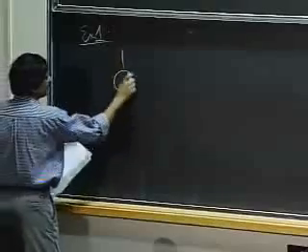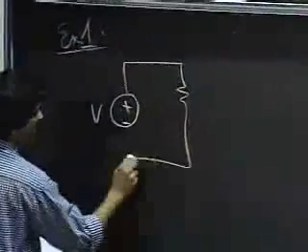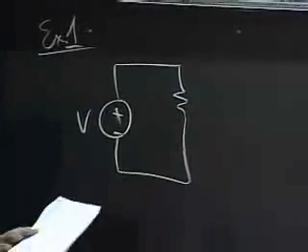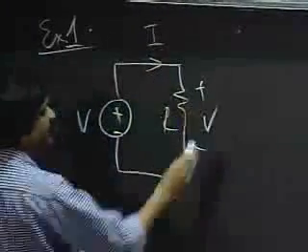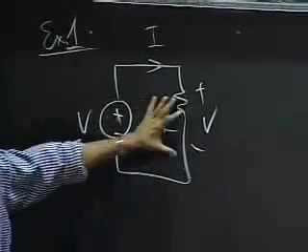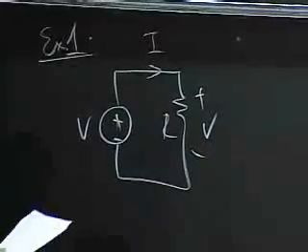So example one. I would like to take a simple circuit that looks like this. A voltage source V applied across a resistor R, some current I. If I apply a voltage across this resistor, that voltage will simply appear across the resistor.